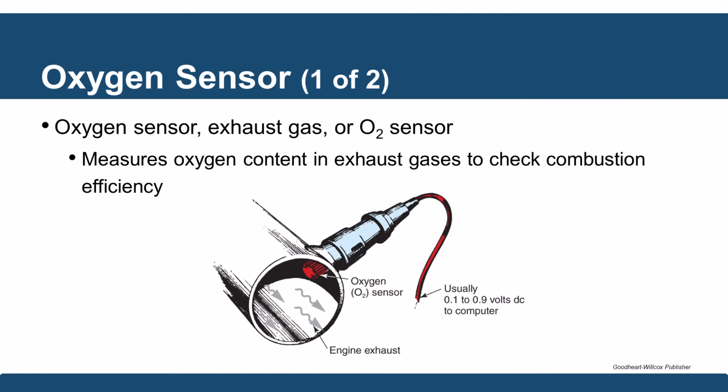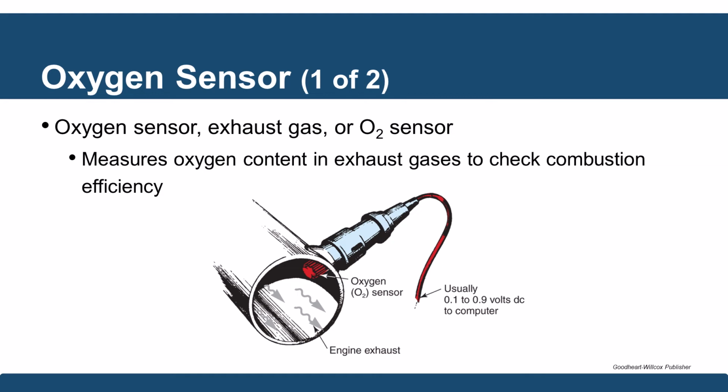Okay, so next up on our sensors is this oxygen sensor. I'm sure many of you have heard of it at some point, or an O2 sensor. And this sensor is in the exhaust gas, and it's called an oxygen sensor because it's measuring the oxygen content in the exhaust gas to check that combustion efficiency.